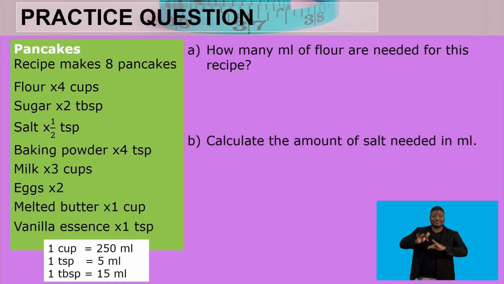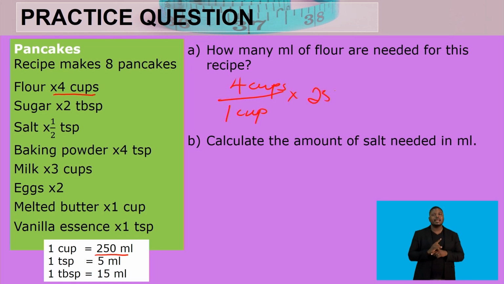Question 1 says, how many milliliters of flour are needed for this recipe? Milliliters. Flour is given in cups. So when it's given in cups, then it means for 1 cup we have 250 milliliters. So we're going to say for 4 cups, remember we said we divide by the unit that is the same, then you multiply by the one that is not the same.